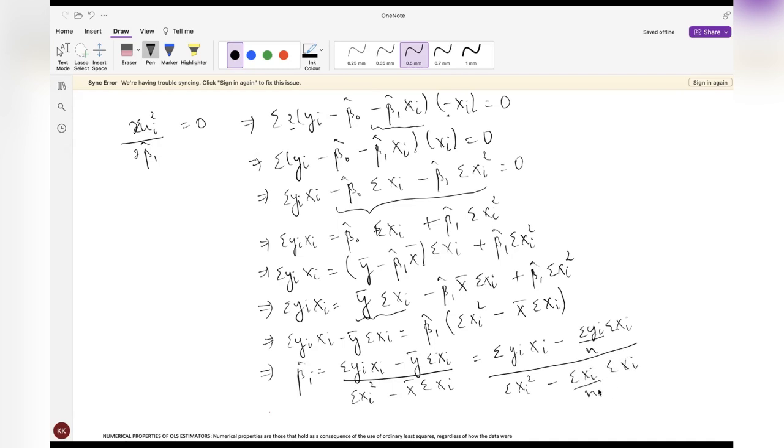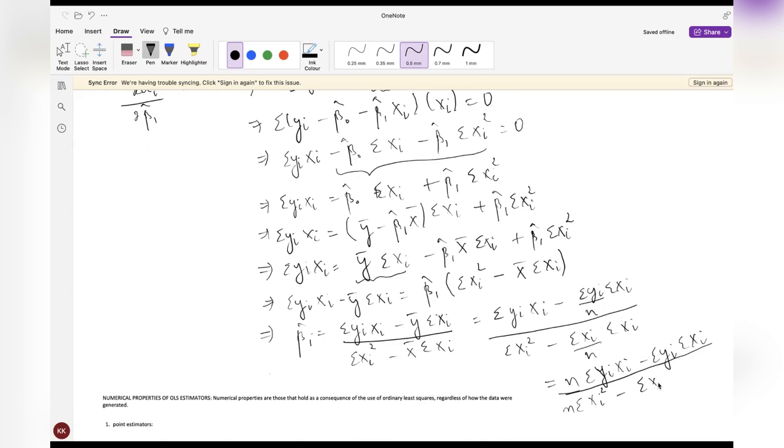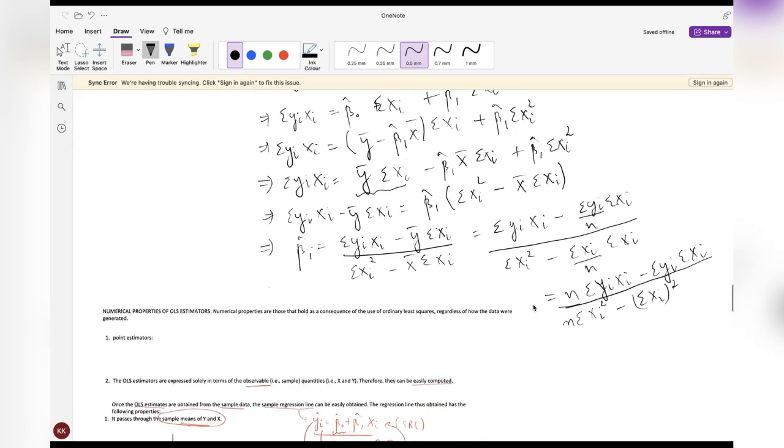Taking the LCM, we will be left with n into summation of yi xi minus summation of yi summation of xi. The denominators will get cancelled out in numerator and denominator, so summation of xi square into n minus summation of xi whole square. So this is our value of beta 1 hat.